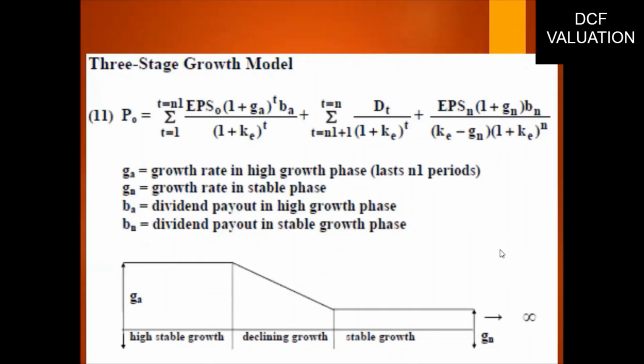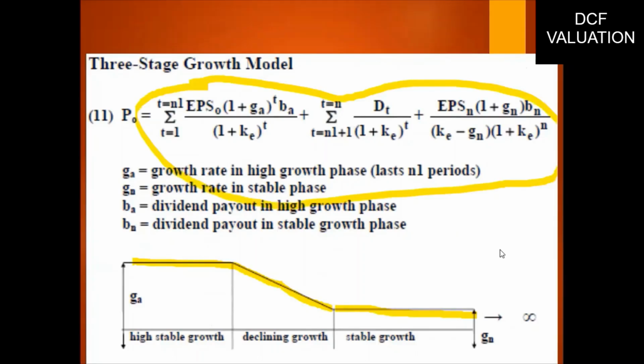Or you can use a three-stage model. Here you have a high stable growth, then you gradually decline for the second stage, then you have the stable or mature phase with a constant growth. That is again represented by the formula here. As I've been emphasizing, do you apply this formula if you're in Excel?